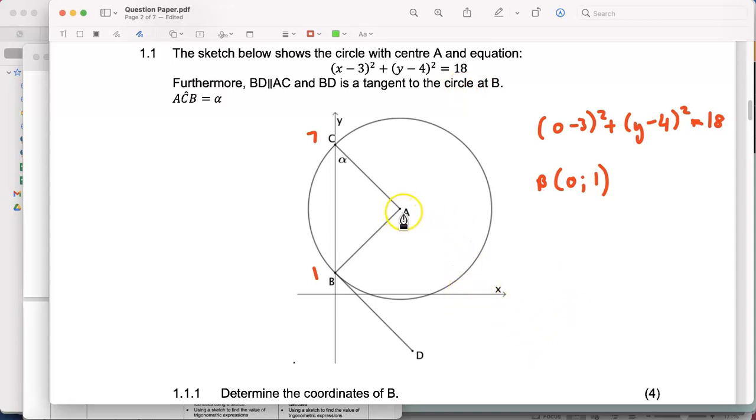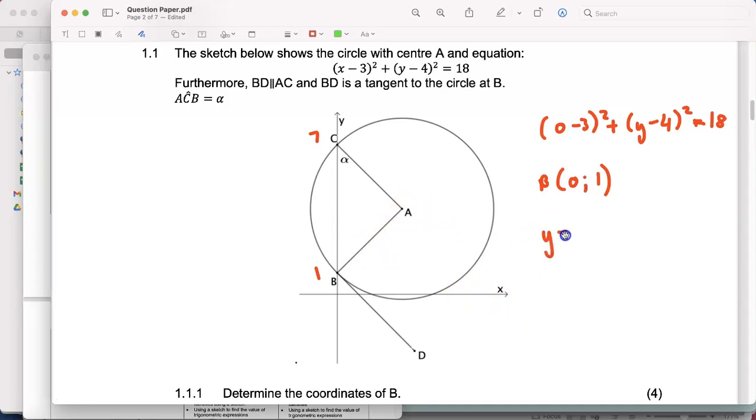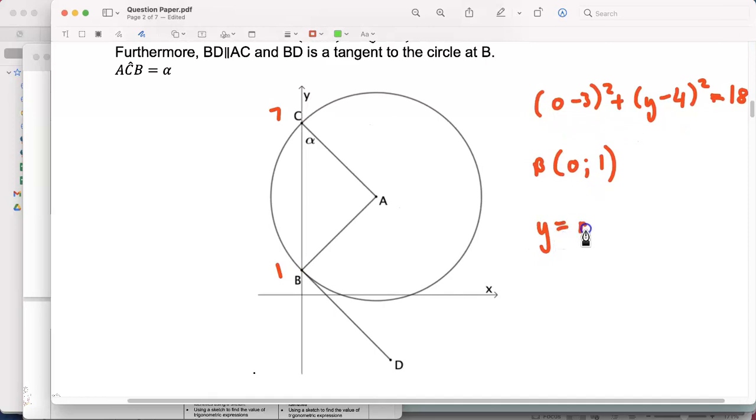Now in order to find the equation of a tangent line, I know that y is equal to mt x plus c, and then we need mt. I already have the y coordinate because this line cuts there at the y-axis, so I already know that c is equal to 1 because it's the same y coordinate. So all I need is the gradient.